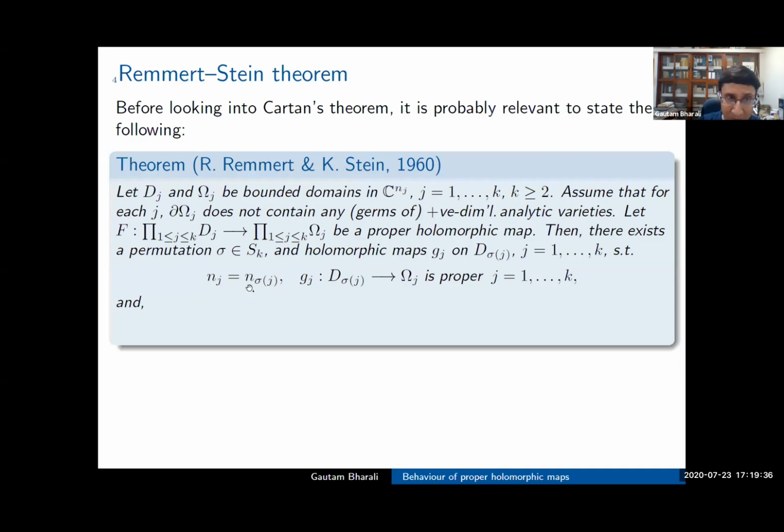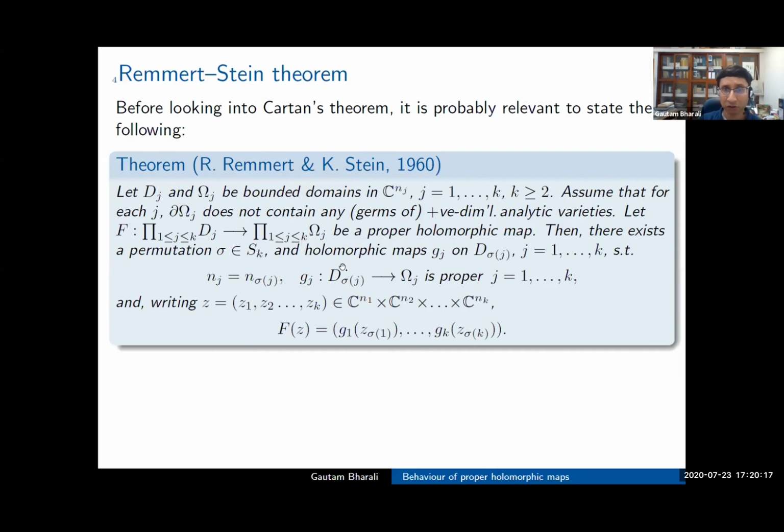The dimensions n_j and n_{sigma(j)} line up, and this map g_j is proper. So these are your protagonists. And the proper holomorphic map F(z) has this particular form: it is a vector of these mappings g_1 through g_k, which, as you can see, do not depend on the entire vector z, but depend on a sublist of these variables.